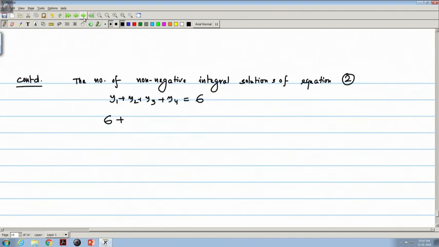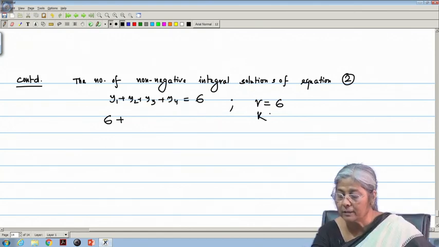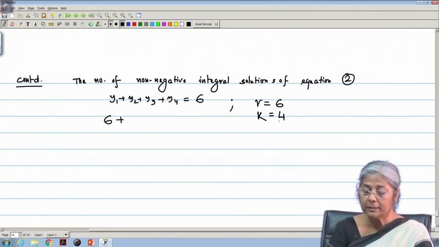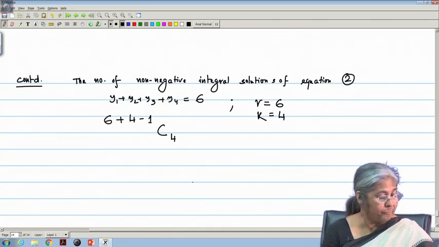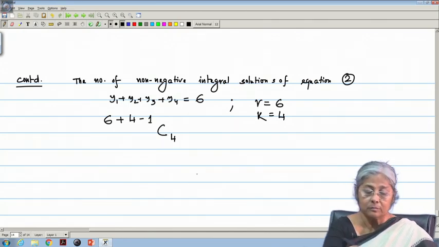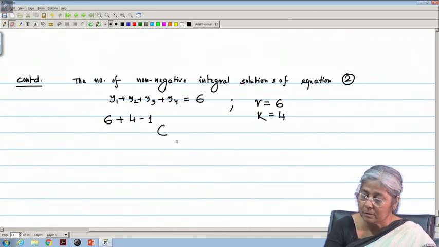So, we identify here R equal to 6 and 4 different types, so k equal to 4. So, I can write R plus k minus 1 C R, that is 6 plus 4 minus 1 C 6.